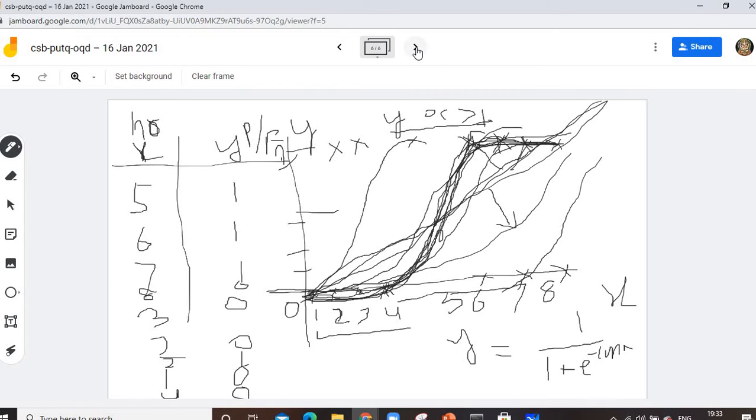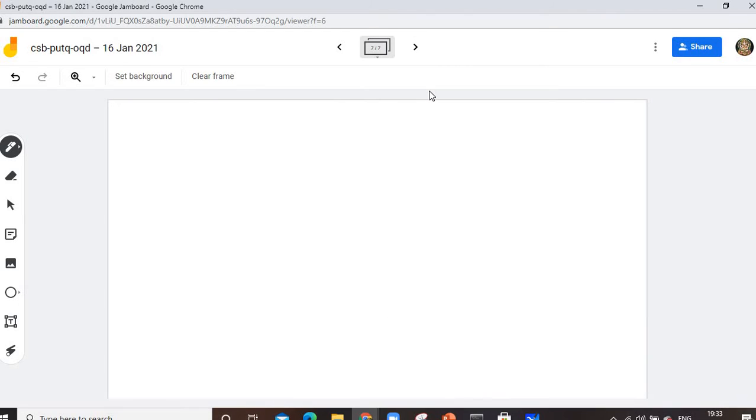One more thing I want to tell you: how does this function actually work? Why does my y figure lie between 0 and 1?